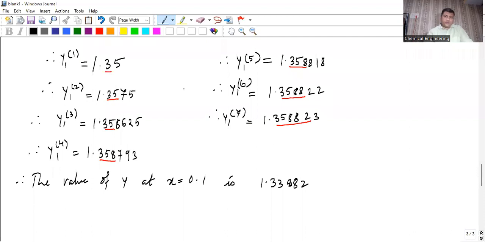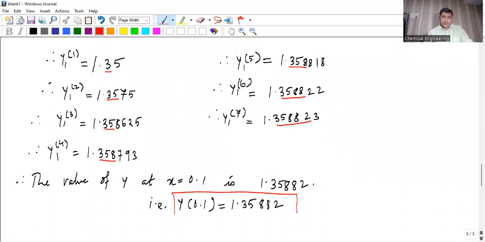So y at 0.1 is equal to 1.35882. Okay, so we got this value.